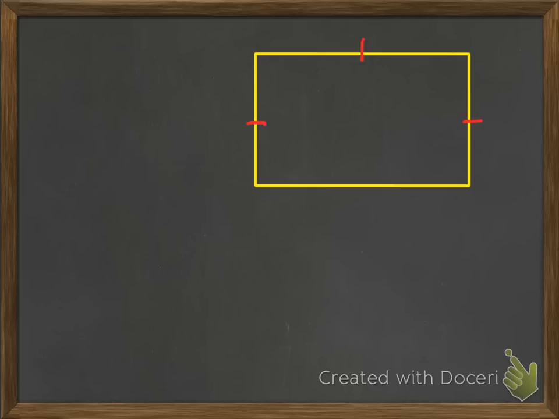Now let's say I told you that the perimeter was 12, and the length of this side was 2, and I want to know what is the length of that side. What would you do to figure it out?